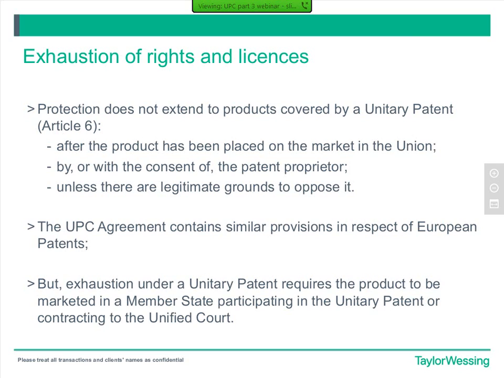These articles say that the protection of these patents does not extend to products covered by the patent after that product has been placed on the market in the Union by or with the consent of the patent proprietor, unless there are legitimate grounds for the patent proprietor to oppose further commercialization of the product.